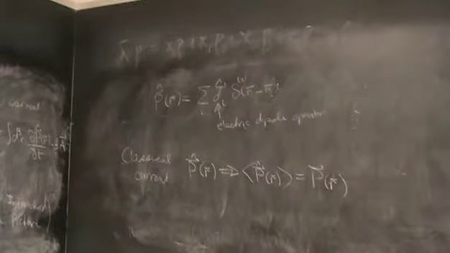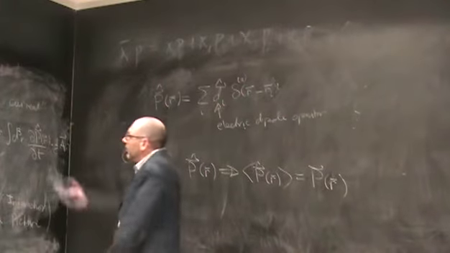If that's a good approximation, then what is this Hamiltonian?